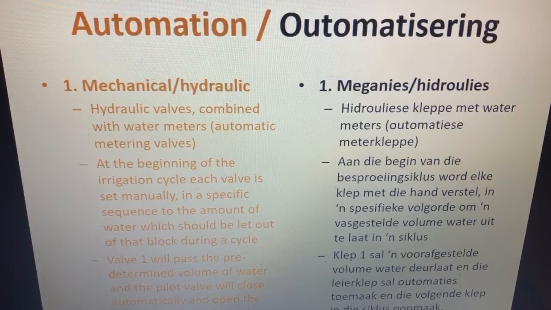So you've got a specific amount that needs to go into that block, and then after that volume of water has passed through, it closes automatically and moves to the next block, and so on until the whole cycle is finished. So that's the mechanical hydraulic kind of system.